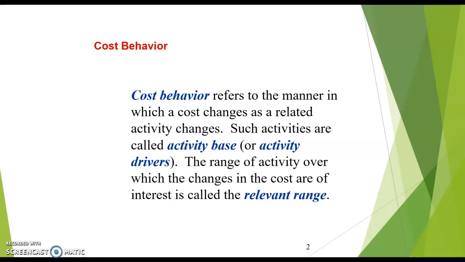So you have to know what the relevant range is, and we're going to restrict how the costs behave to what happens within that relevant range. If we go outside the relevant range, then we have to refigure out how the costs might behave.